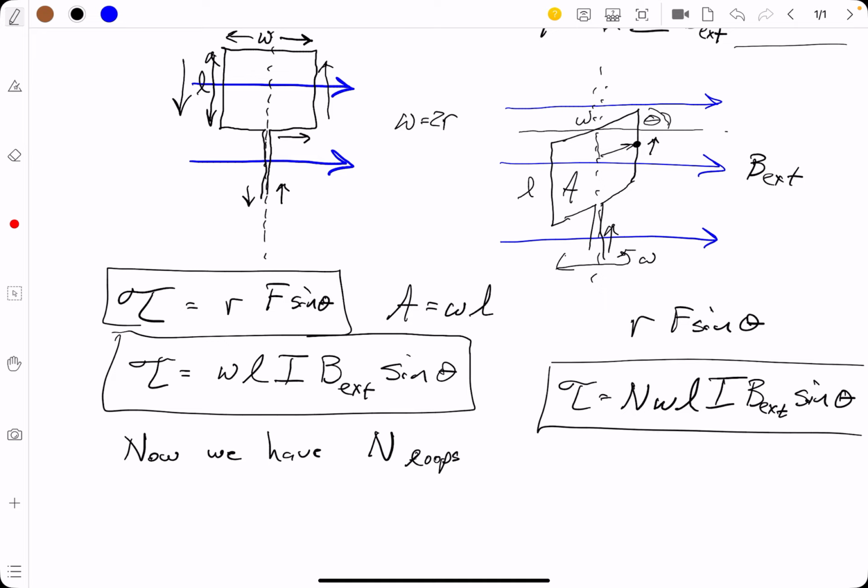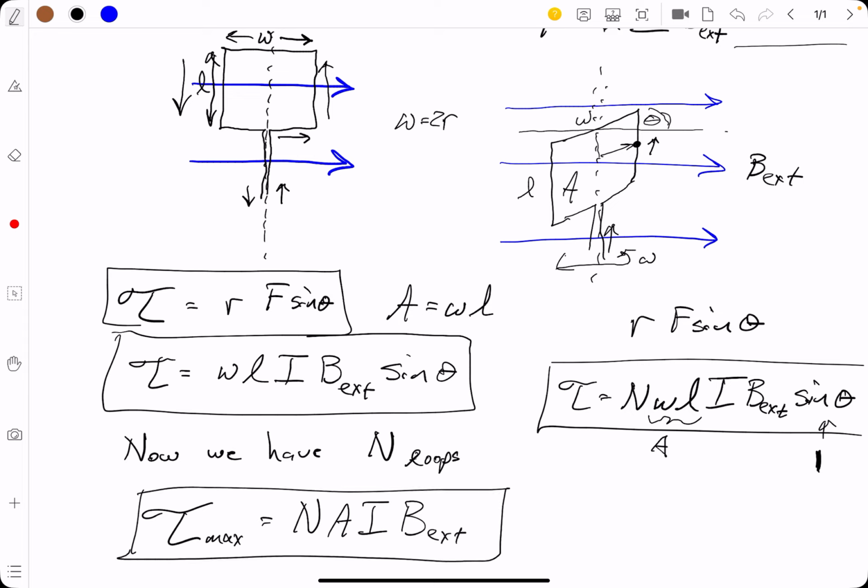And of course, this bit is A. When theta is 90 degrees, we're dealing with the sine of 1, right? So you could say that the maximum torque is equal to the number that we have times the area times the current times the external B field. NIAB.